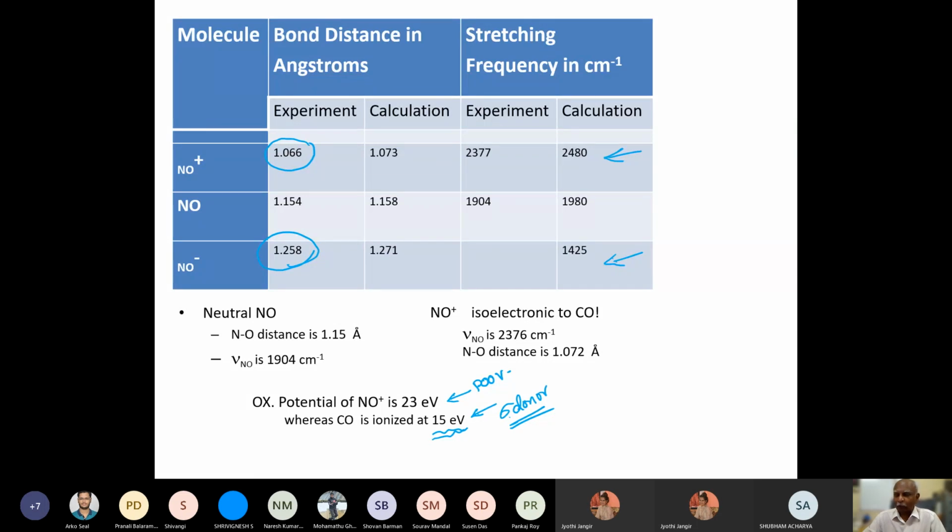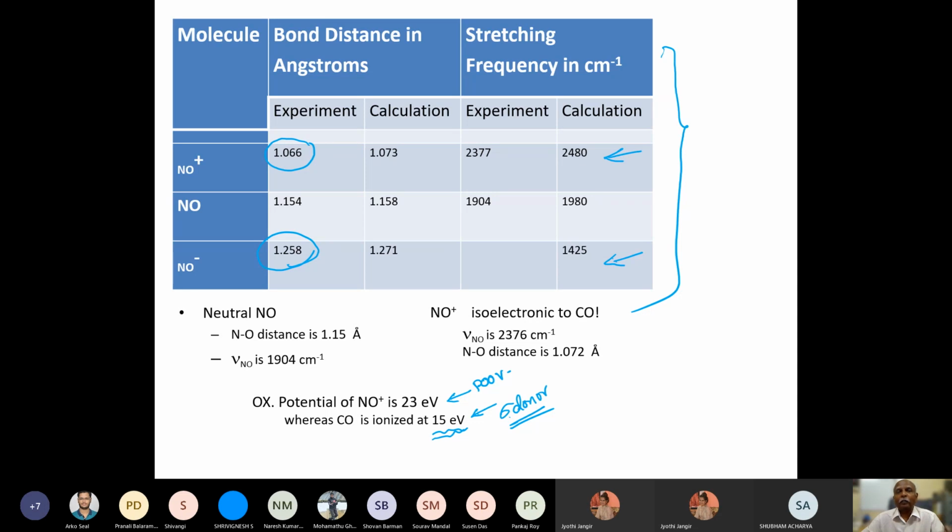But unfortunately, like I said, NO plus, NO minus, these charges are formal charges that we put on a metal complex. If I have an isolated molecule, this is exactly what you expect, and this is exactly what you observe. What you calculate and what you intuitively expect are all consistent.